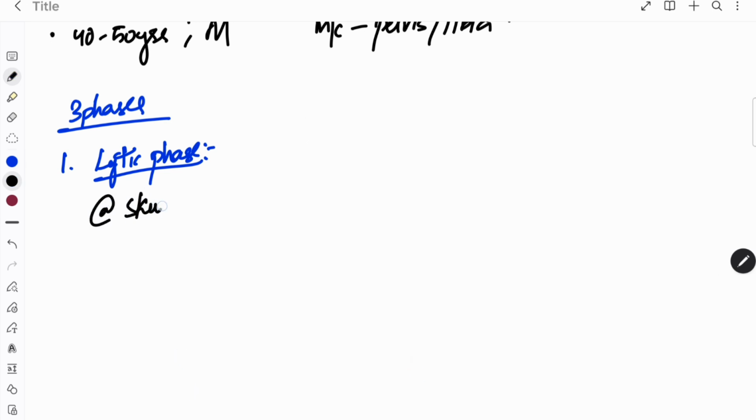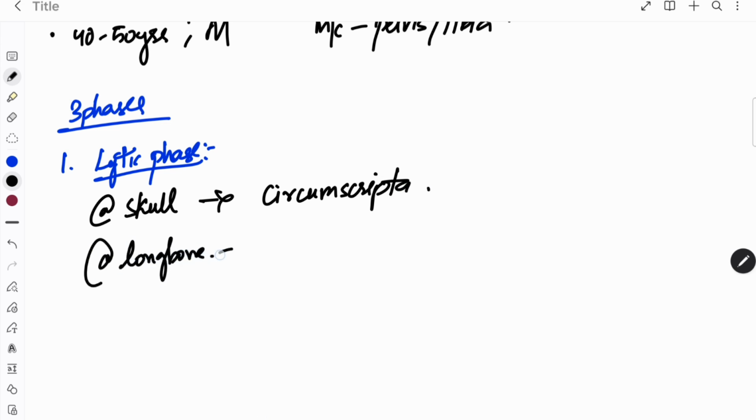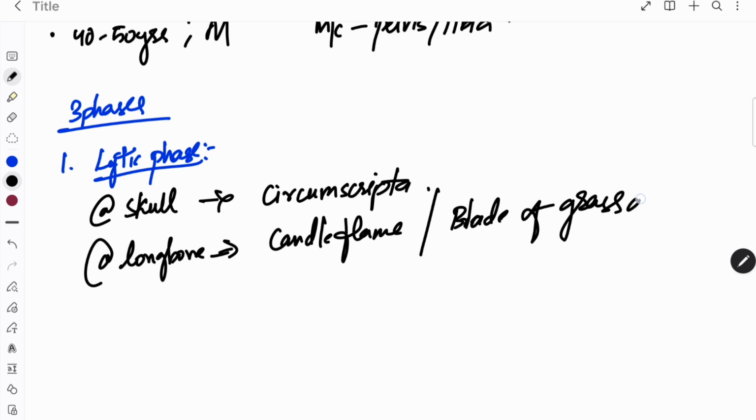In the skull, we see osteoporosis circumscripta. In the long bone, due to the bone resorption, we see the candle flame or the blade of grass appearance.